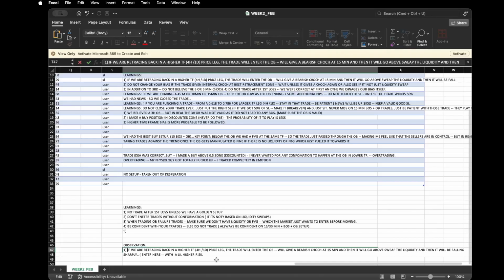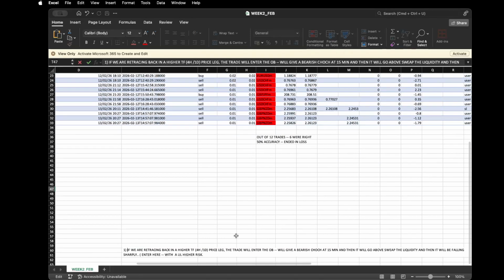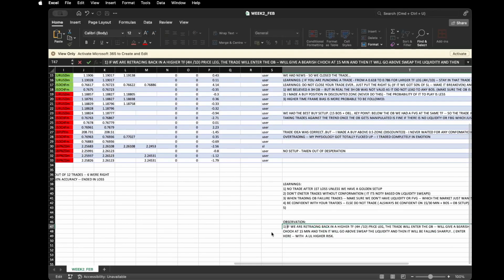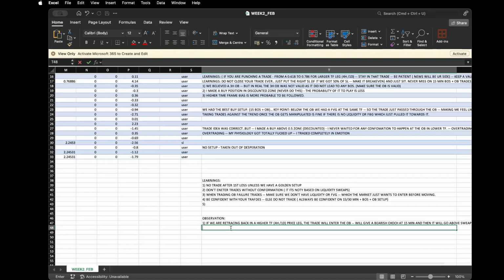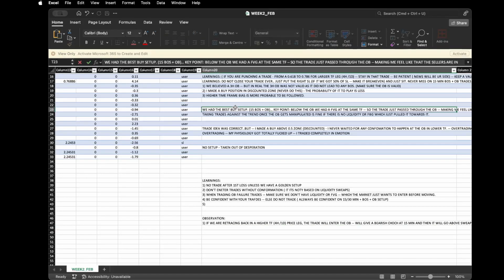That's the liquidity sweep setup which will be formed at a lower time frame. So this is the observation, not a learning.